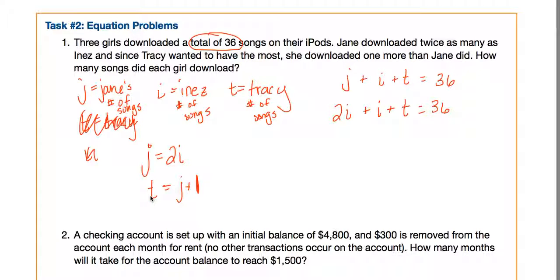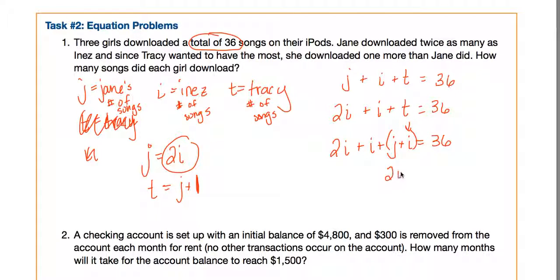So T equals J plus 1. You really just need to see how all these work together. And what does J equal again? J is 2I. So that would make sense: Tracy wanted one more than Jane, but Jane had twice as many as Inez.